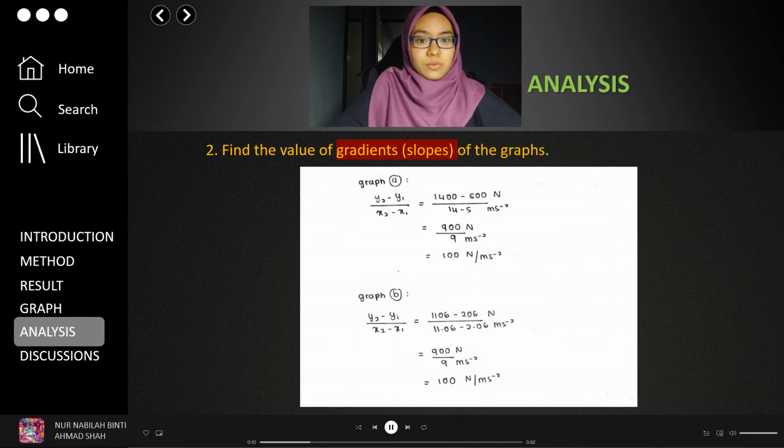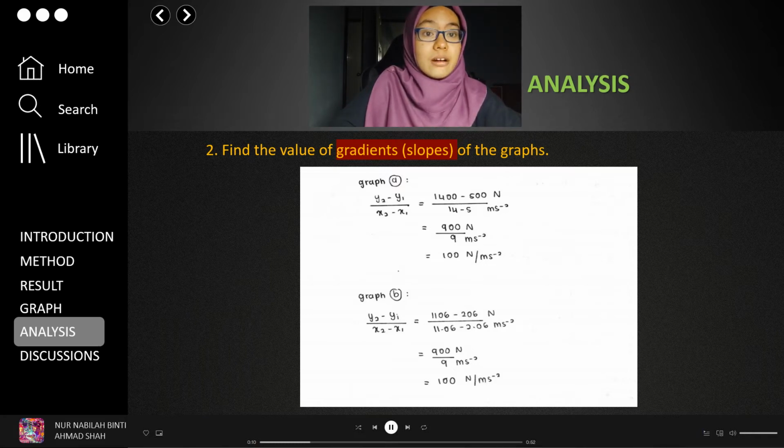So for the next question, it says to find the value of the gradient slope of the graph. So we must use the gradient formula to find the gradient itself. The formula is y2 minus y1 divided by x2 minus x1. To find the gradient, we should have 2 coordinates.